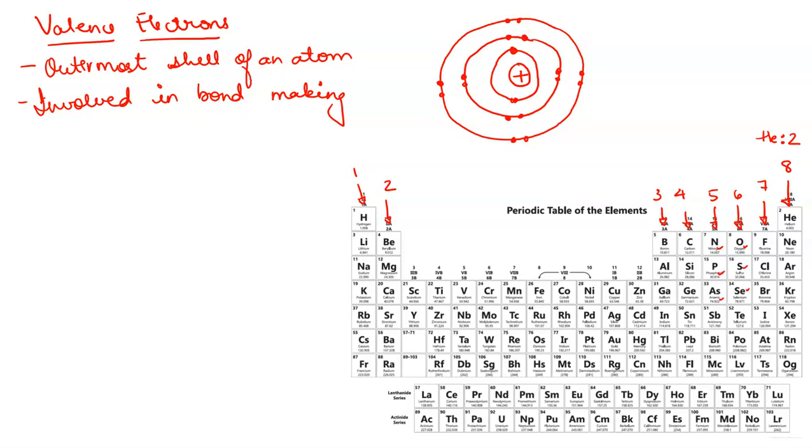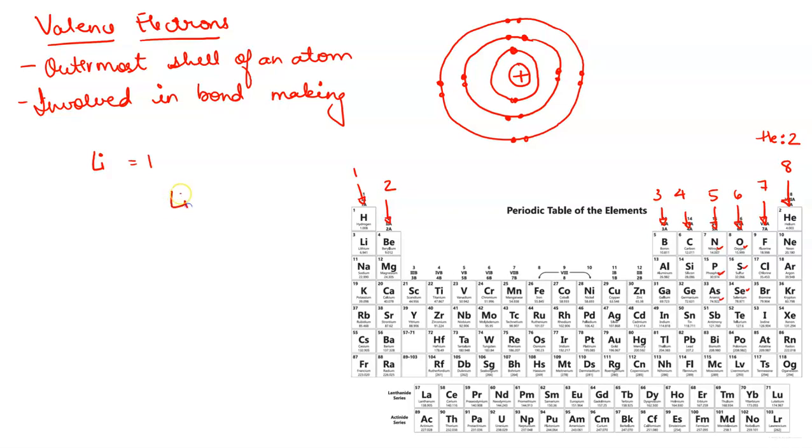Okay, so we're going to start drawing our Lewis structures. The first thing I want to ask you guys is, if I told you I have a lithium atom, how many valence electrons does it have? Going by what I told you, you would determine that lithium has 1 valence electron. So how would you show this in terms of actual drawing?